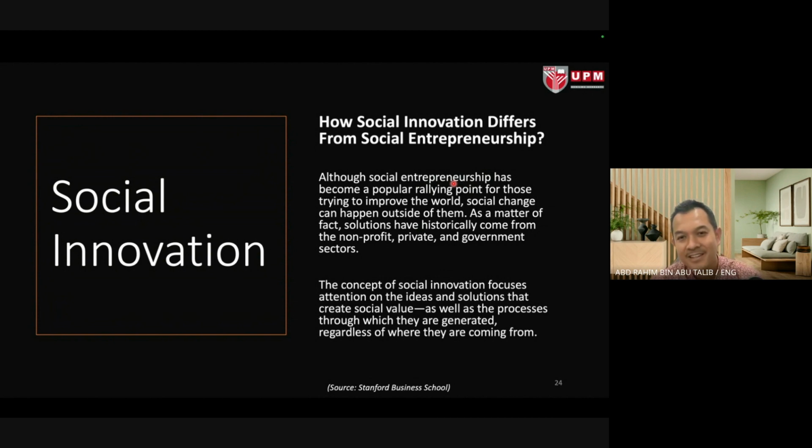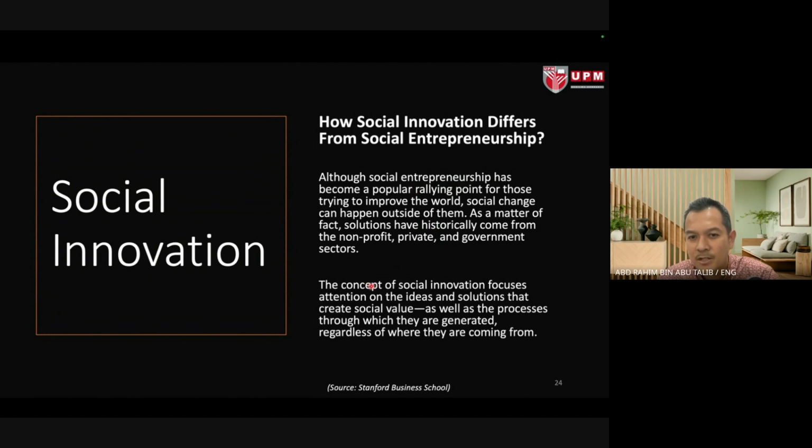They spend money for the orphanage to give them food, to give them education. They build many charity activities. That's what social entrepreneurship is.